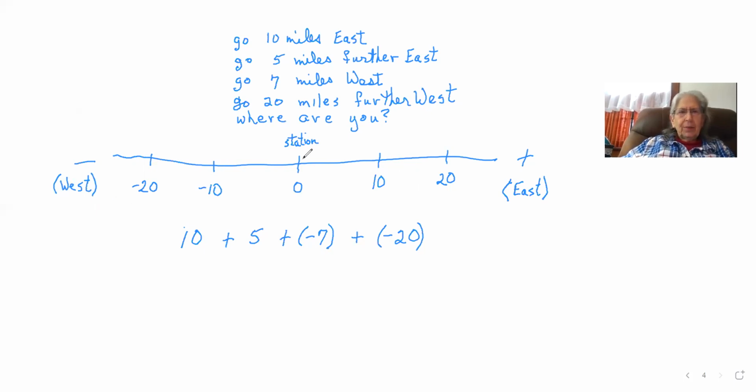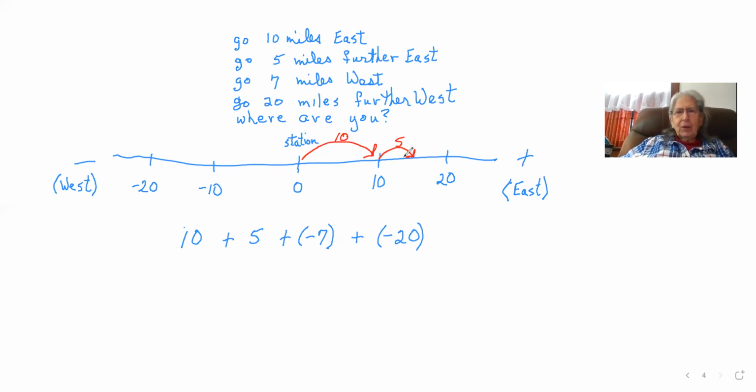So we're starting here and we're going 10 miles east. 10. Then we are going 5 miles further east. Then we're going to go 7 miles west.